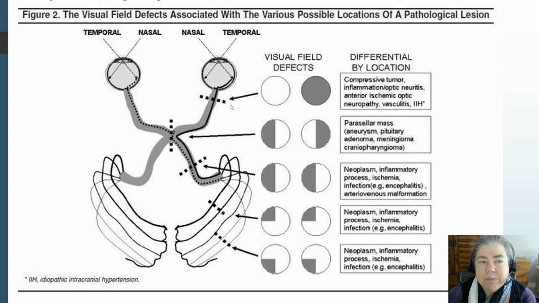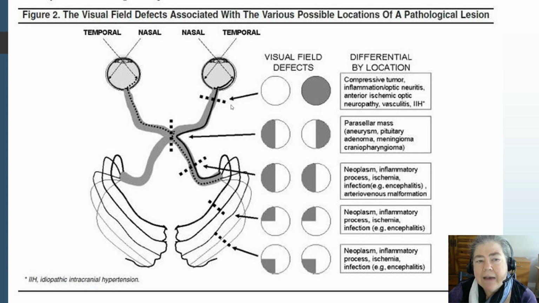That what gets projected to the nasal side of the retina is what crosses over. Okay, what gets projected to the temporal side of the retina is the middle.